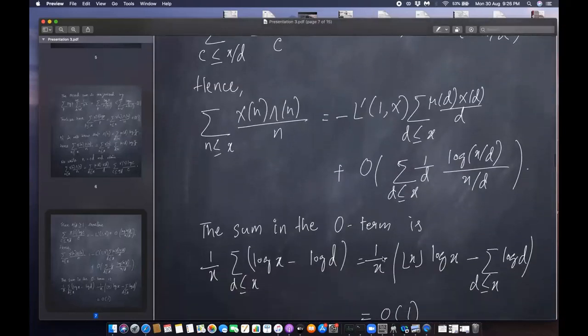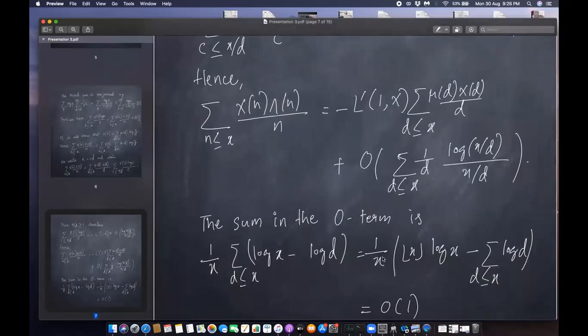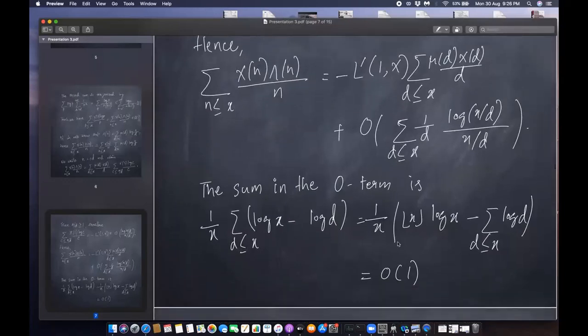And now we can say something about the term inside this big O, so we can write this like this. And this would be equal to the floor of x times log of x, because here d is running over all the integers which are less than or equal to x.